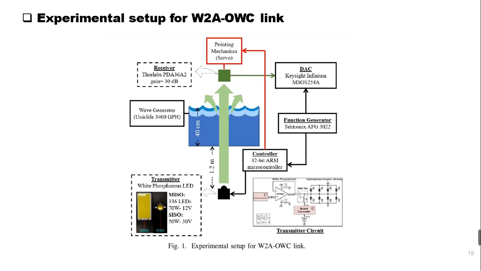Another study focuses on modeling the impulse response of a W2A OWC channel under different turbulent water surface conditions. Here, the experimental setup of the optical receiver and transmitter employed in the W2A OWC channel is demonstrated in Figure 1.